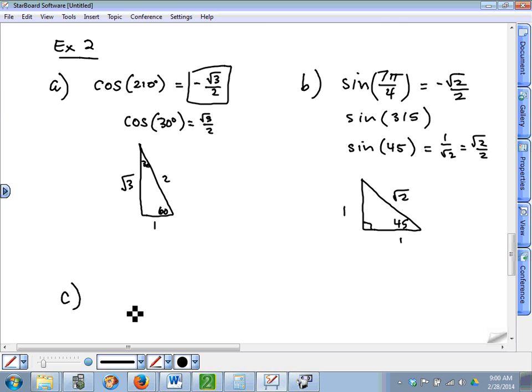Let's take a look at part C. Let's do the cosine of negative 5 pi thirds. Cosine of negative 5 pi thirds.